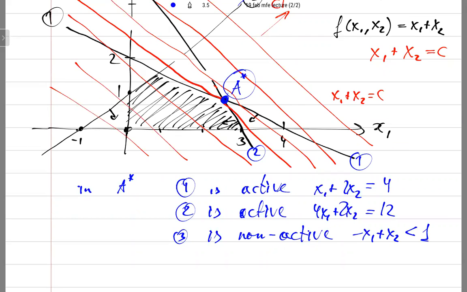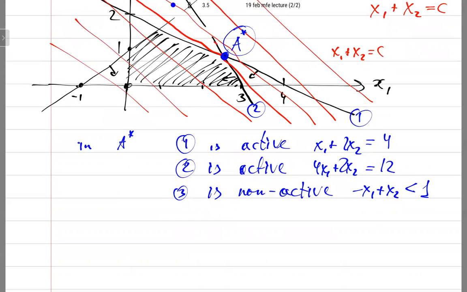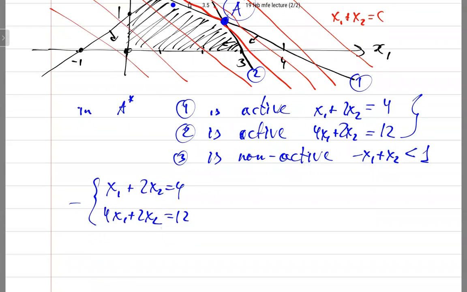I have 2 active constraints and 1 non-active constraint, and I can easily find x1 and x2. So I just solve this small system of equations. I will divide the second equation by 2, or I may just subtract one from the other. So I will have 8 equals 3x1, and it's like that.